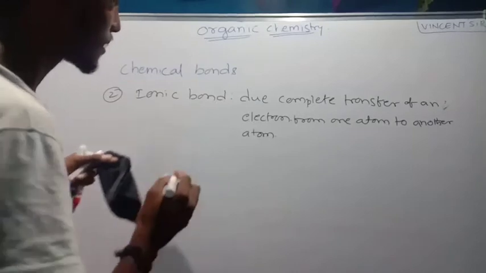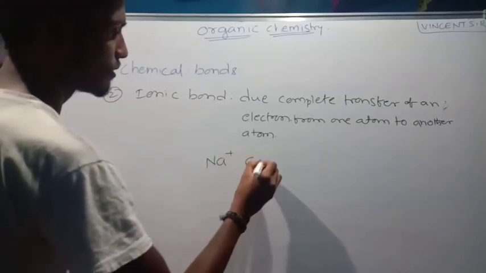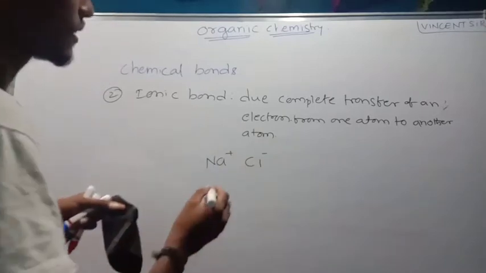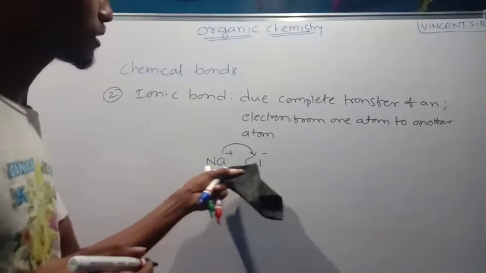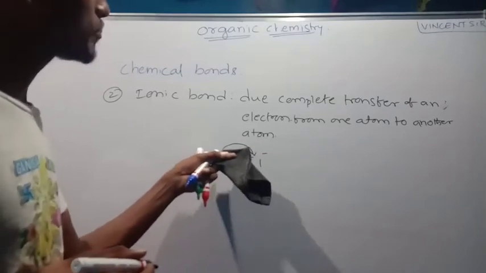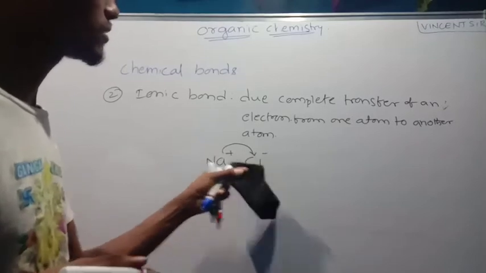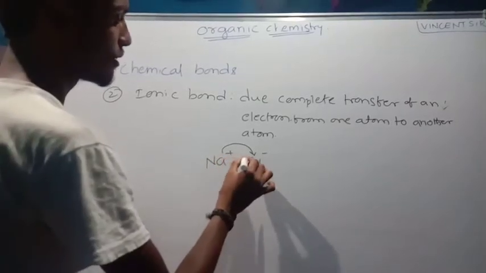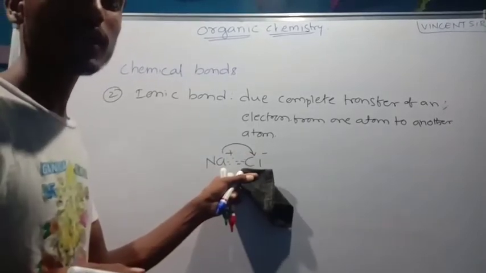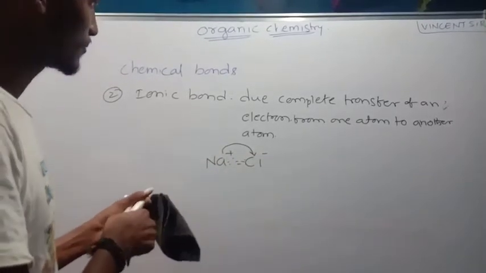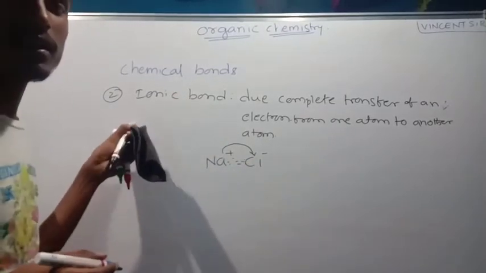For example, consider this: there is a complete transfer of an electron from sodium to chlorine, so one gains a complete positive charge and the other gains a complete negative charge. In between them there is an electrostatic attraction. This ionic bond is majorly present in inorganic compounds.